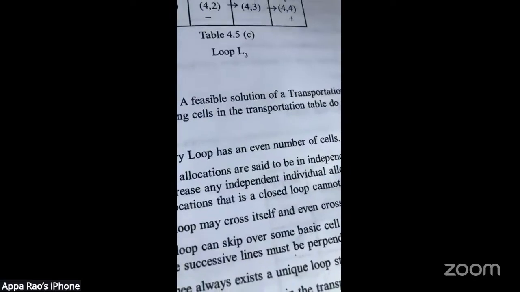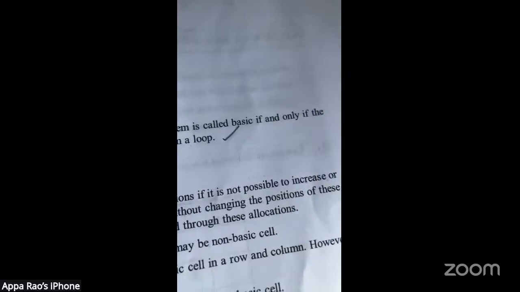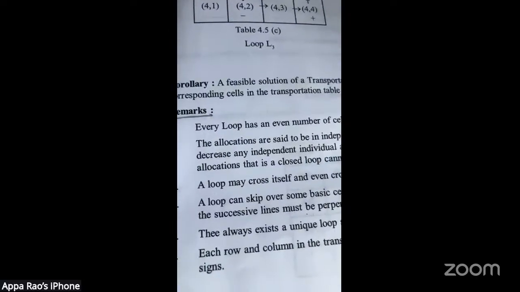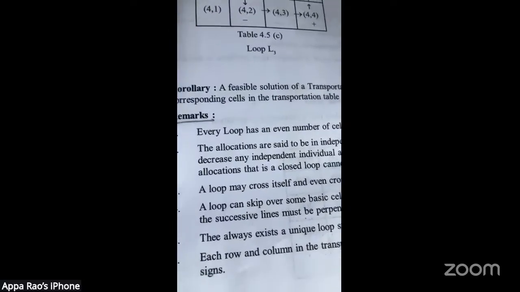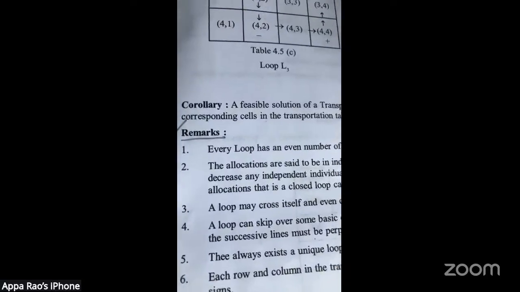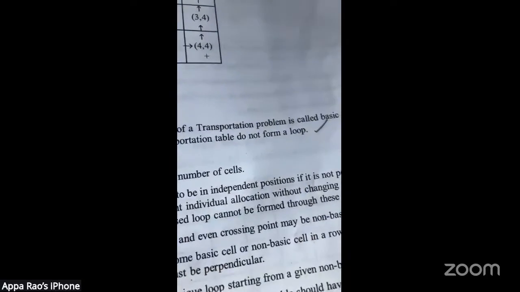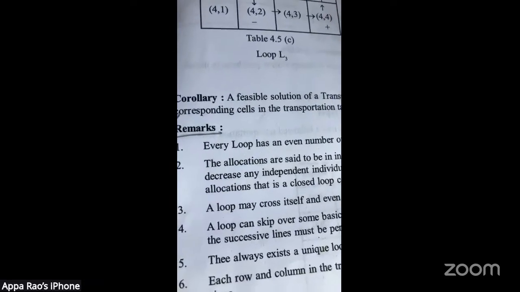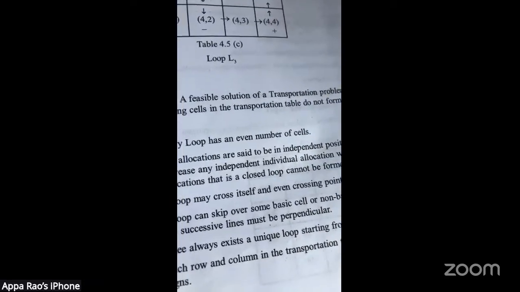Next, corollary. A feasible solution of a transportation problem is called basic if and only if the corresponding cells in the transportation table do not form a loop. So remarks: every loop has an even number of cells.